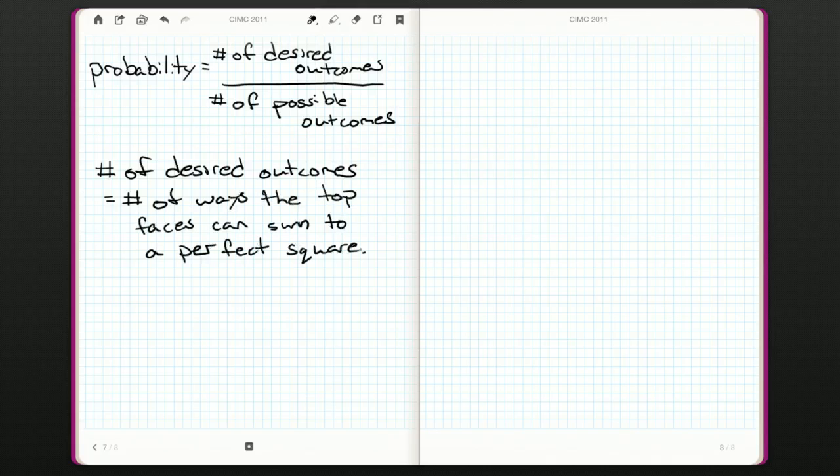Okay, so first questions first, what possible perfect squares could we be looking for? What are the possible outcomes for the sum of the top faces of the dice? Could we have a sum of 49? That's a perfect square. Should we be looking for ways to get a sum of 49?